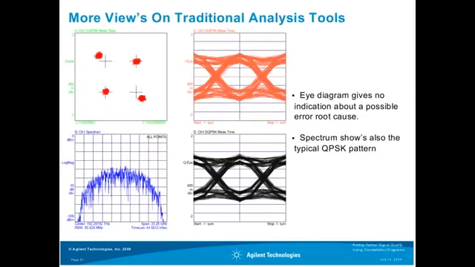Again, we look at our already known tools we have available. Here's again our constellation diagram with the ideal constellation points and the distortion here. And we see here the eye diagram of the I part and the Q part. What we see here is that the I has some jitter. The eye is not well opened, and you see there's something wrong.